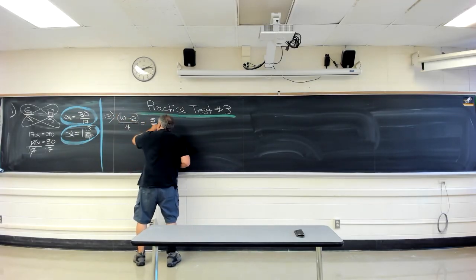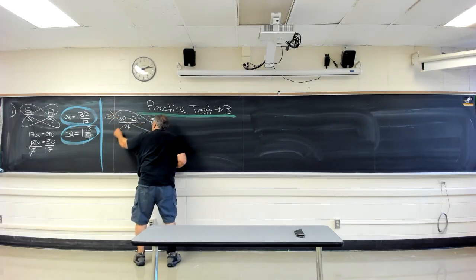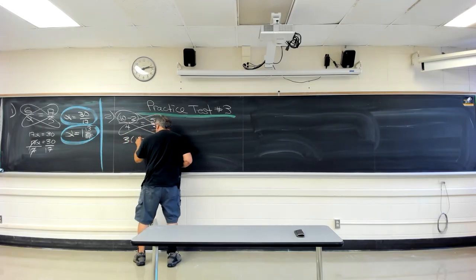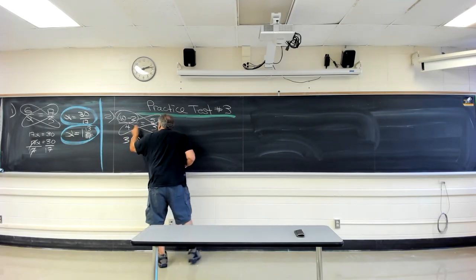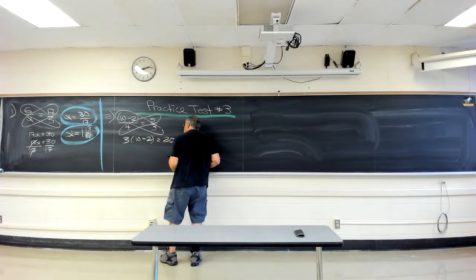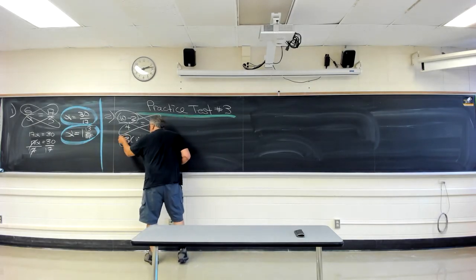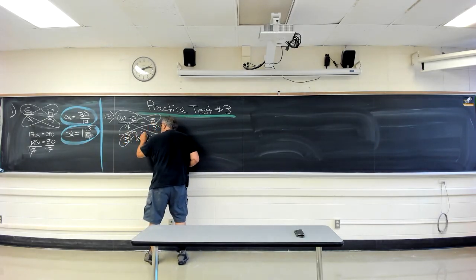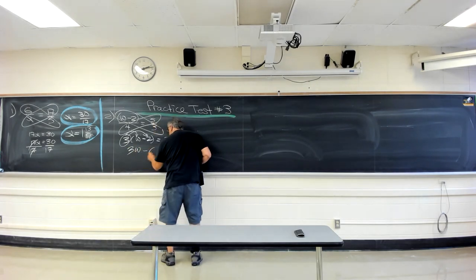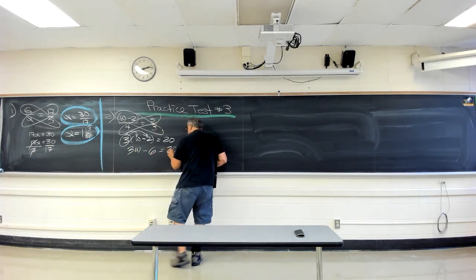Let's go for it. 3 times the quantity w minus 2 is this. 4 times 5 is 20. 3 times w is 3w. 3 times 2 is 6, and 20 is 20.